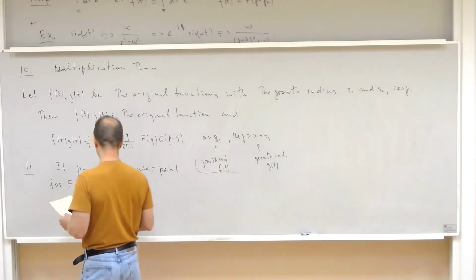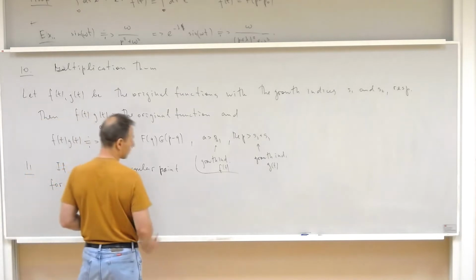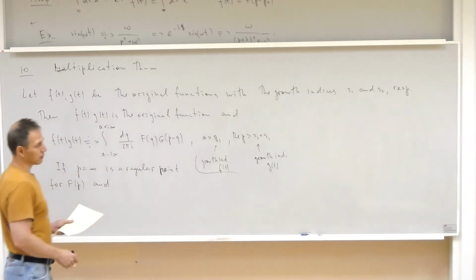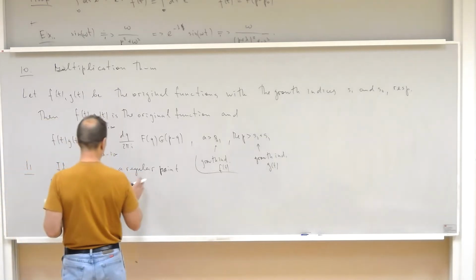What does regular point mean? Regular point, analytic point, is a point where the function is analytic in a neighborhood of this point.